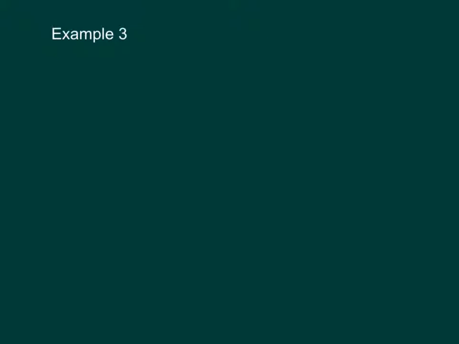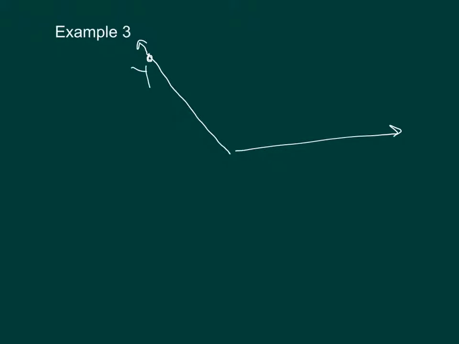Example 3, I'm just going to draw out for you. I'd like you to name as many angles as you can given this figure. Label that Y. We'll label this vertex X. And we'll label this point Z. You should know that we have ray XY and ray XZ that have formed an angle.